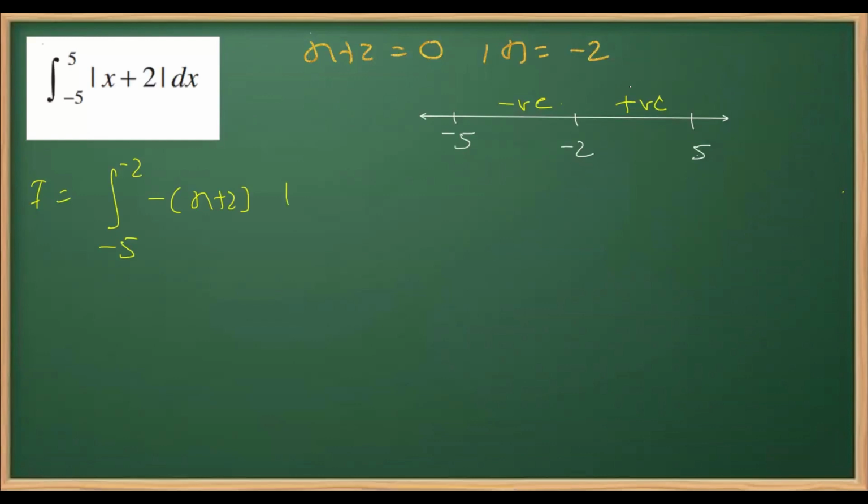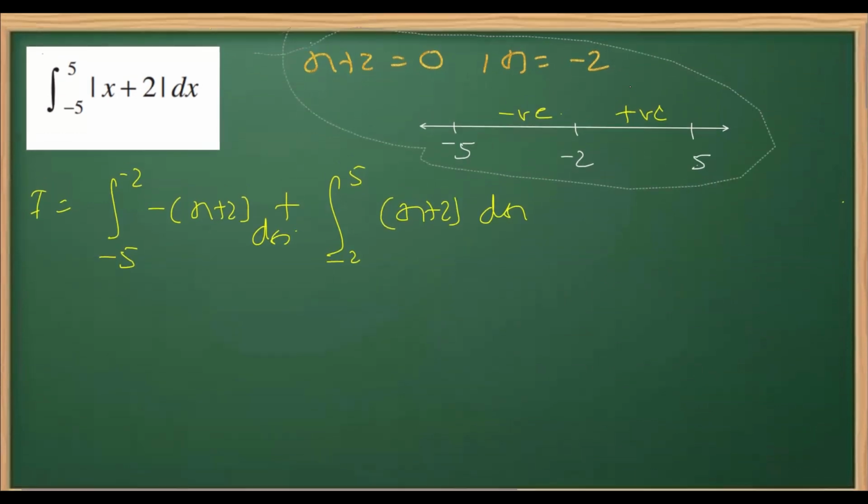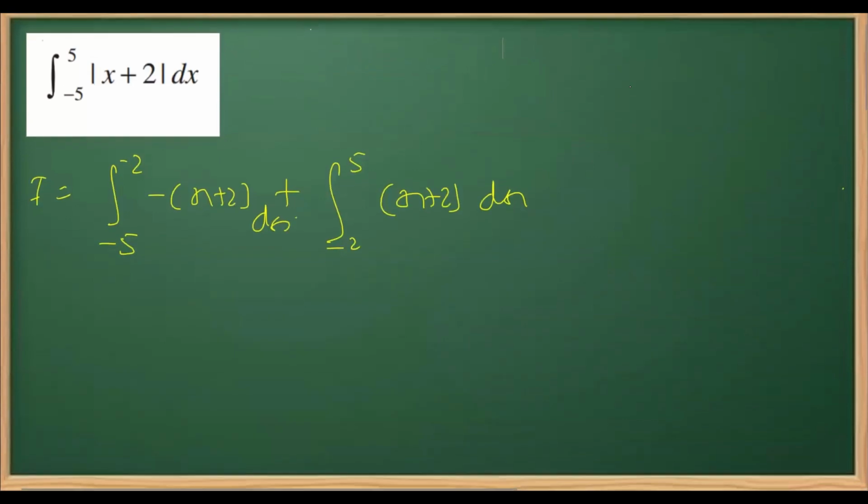For the other part, the limit is minus 2 to positive 5, and the function is positive, so it's x plus 2, dx in both cases. Once we have obtained these, next we are going to integrate it and place the limit.